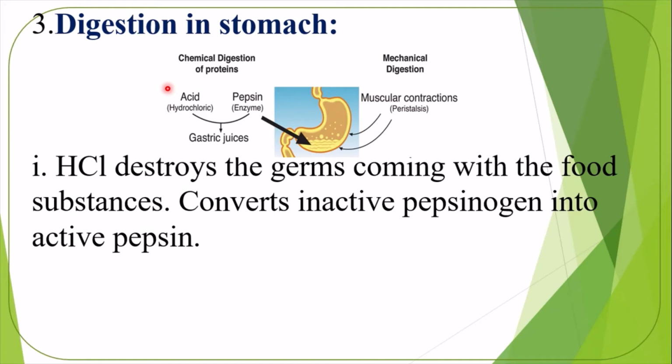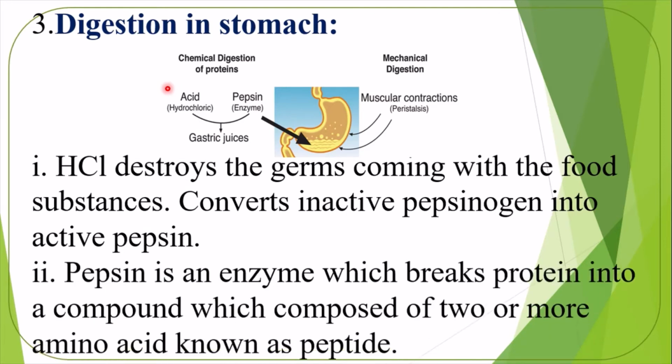Then this pepsinogen converts into pepsin in the presence of hydrochloric acid. Pepsin is an enzyme which breaks protein into a compound composed of two or more amino acids, known as peptide.